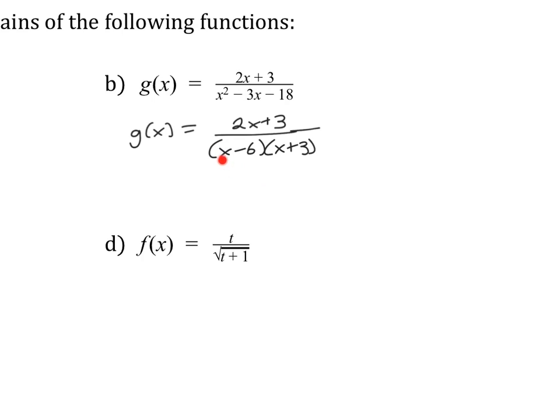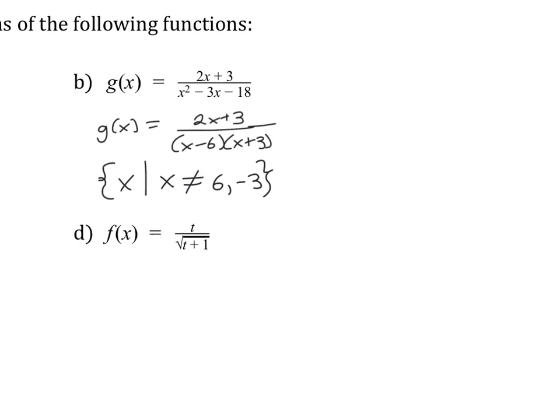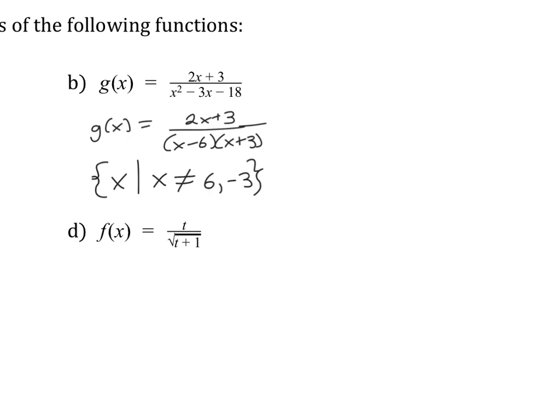We have a restriction when x is 6 and a restriction when x is negative 3, because those would create a 0 in our denominator. So in set builder, we can say x such that x is not equal to 6 or negative 3. And so all other numbers would work.